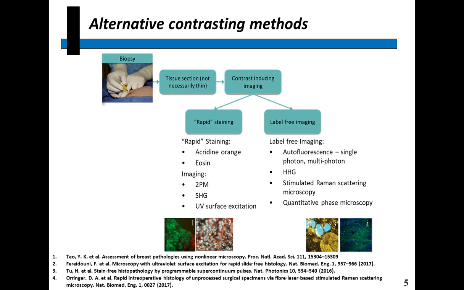Rapid staining basically takes a fresh tissue, or a section tissue, and puts it into some staining chemical bath, which, for example, might be acridine orange or eosin, and then images it with some sort of alternative microscopy technique, for example, two-photon or second harmonic generation or UV surface excitation.